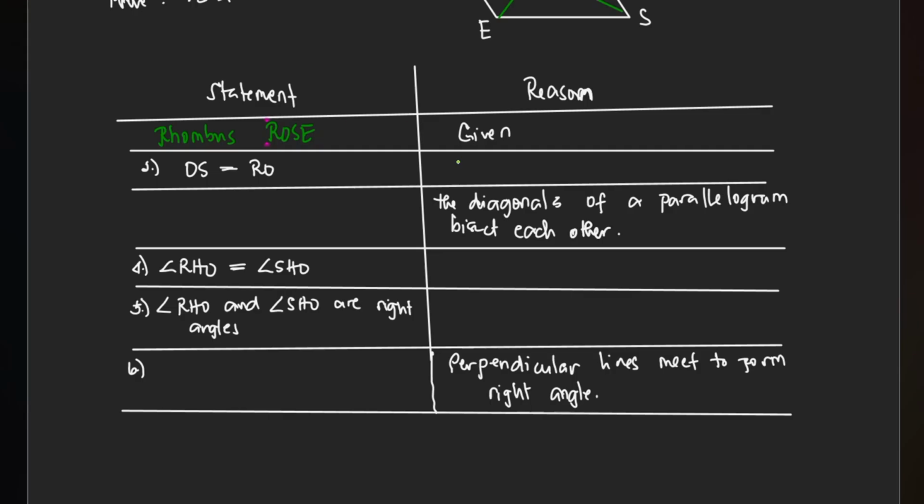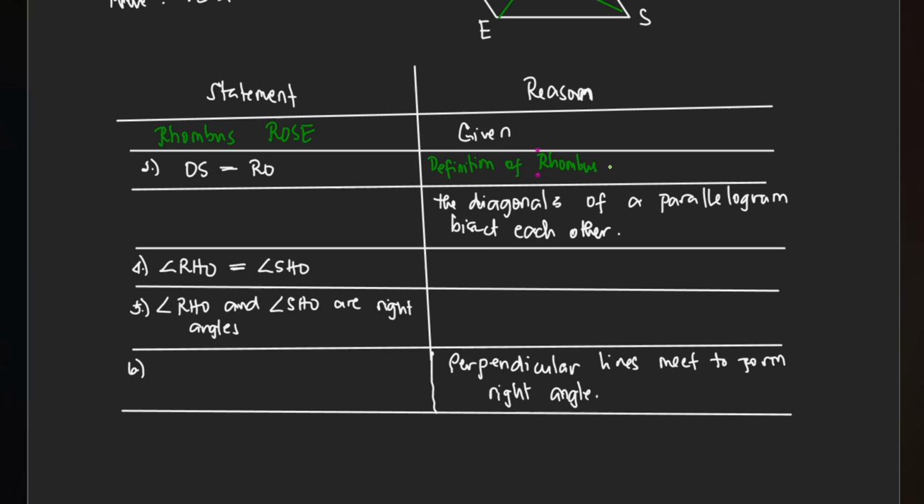So, basically, ito yung magiging definition of rhombus. Pag sinabi natin definition of rhombus, all sides of a rhombus are congruent.